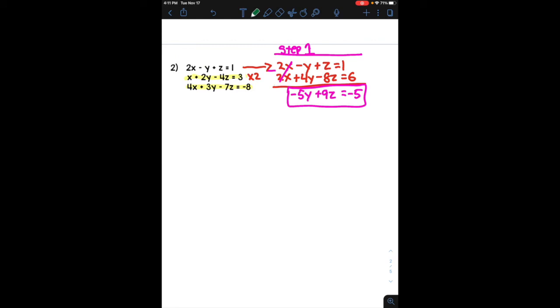So if I were to multiply this second equation by 4, we would get 4x plus 8y minus 16z equals 12. And I'm going to go ahead and just copy the third underneath.